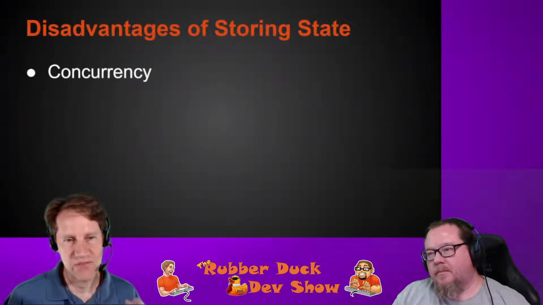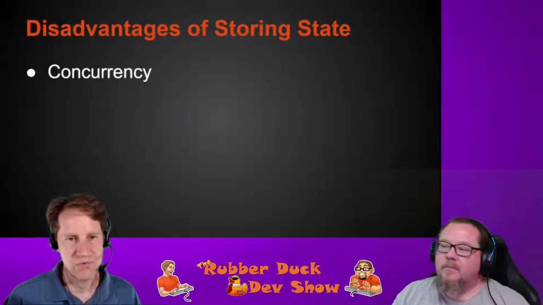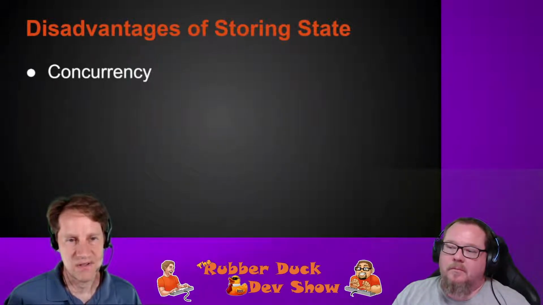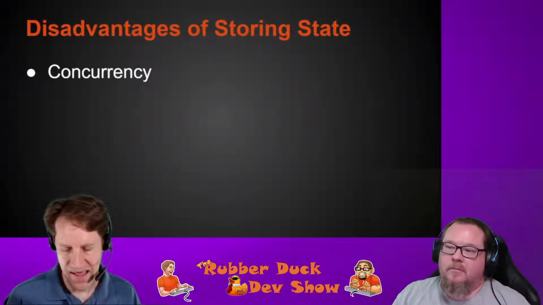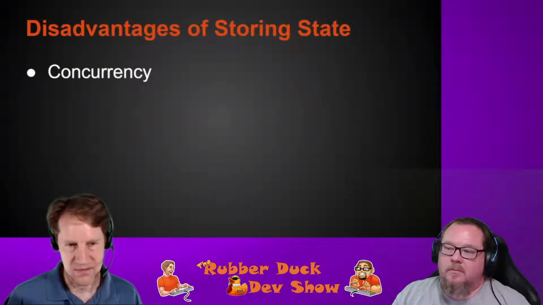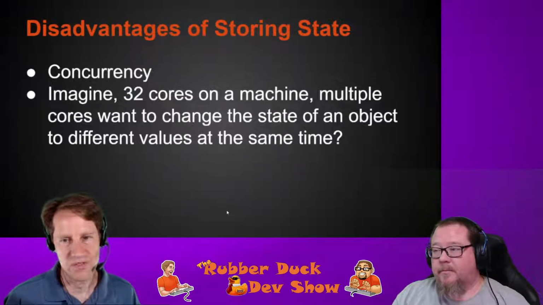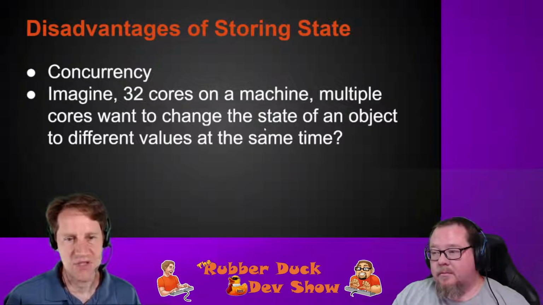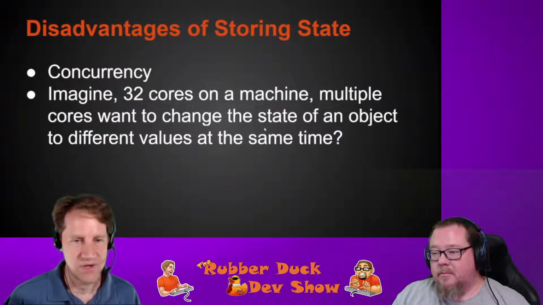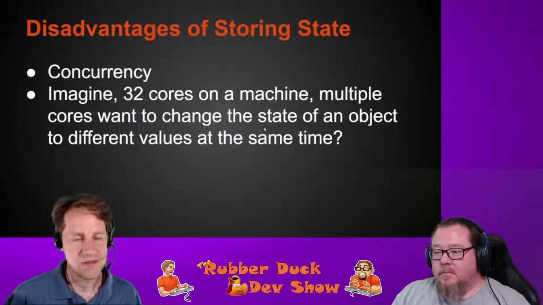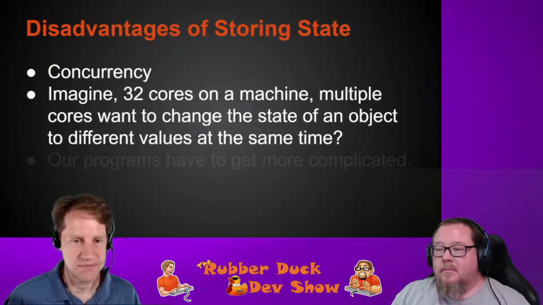Some of the disadvantages of storing state involve concurrency. Whenever you have shared objects, accessing them is going to be difficult in terms of concurrency. So imagine you have 32 cores and you want to change the state of an object to different values at the same time, you run into problems. That's why you have locking and mutexes and all that kind of stuff.